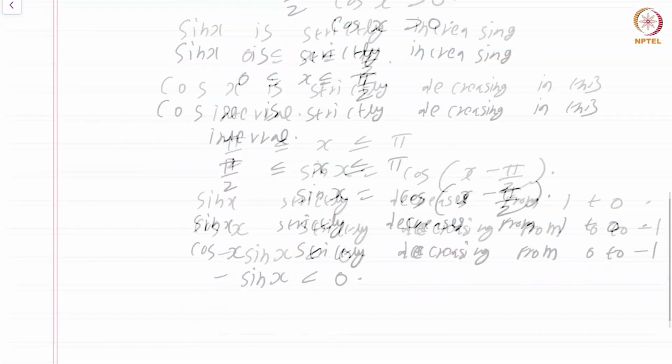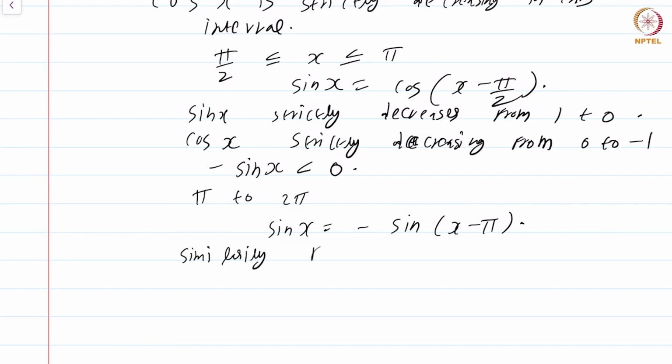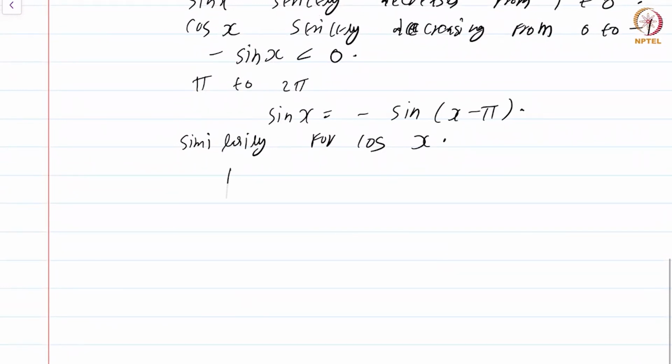So similarly, for the interval pi to 2 pi, we just use the relationship that sine x is equal to minus sine of x minus pi. And with this we can derive rough pictures of the sine function, and similarly for cos x. So roughly the picture for sine and cosine is going to look like this.